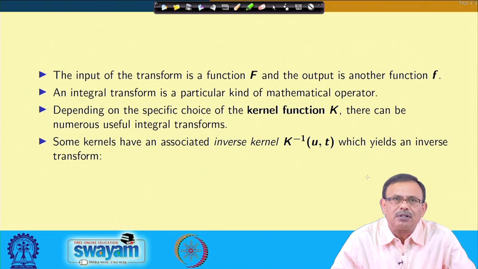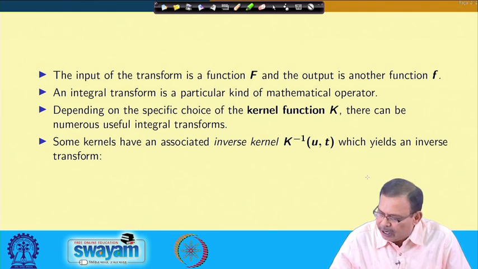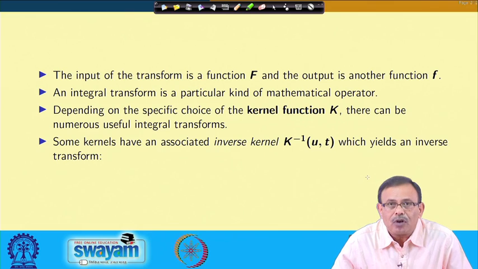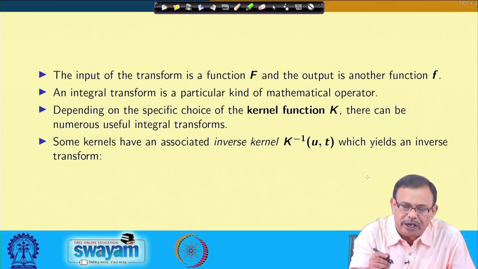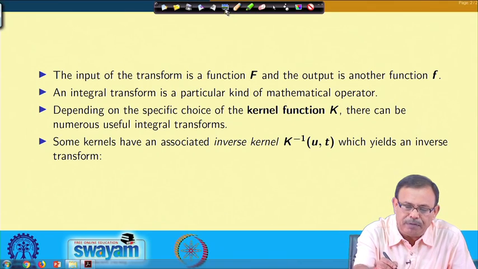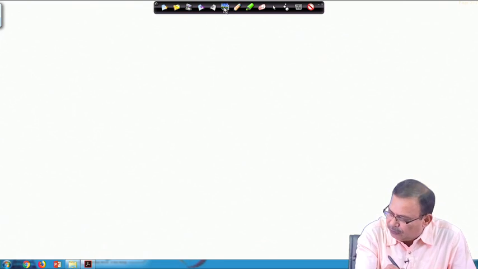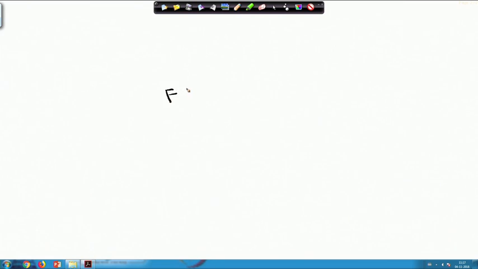Some kernels have an associated inverse, which we call K inverse (u,t), and this is defined as f(t) equals the integral from u1 to u2 of K inverse (s,t) f(s) ds.